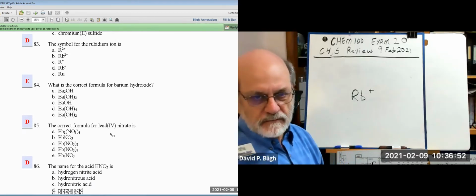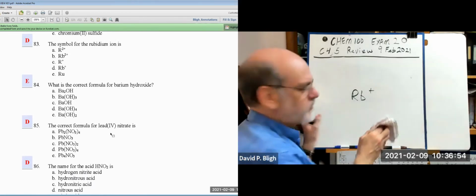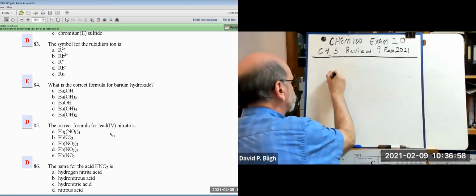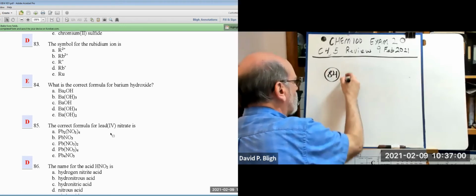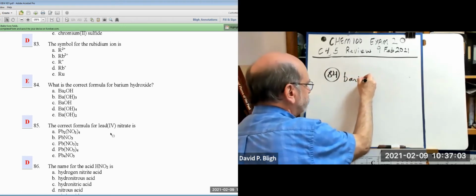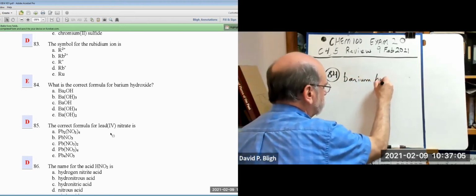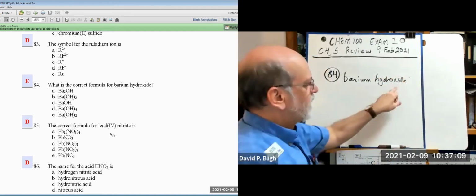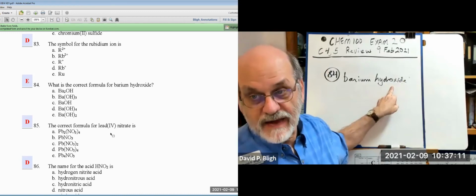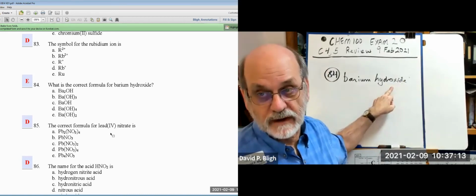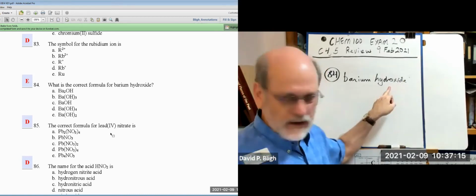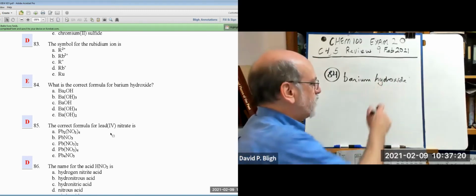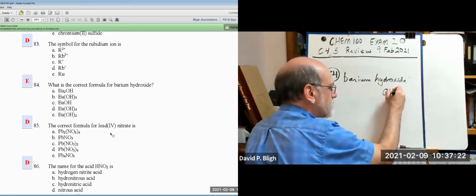84. What's the correct formula for barium hydroxide? There's no element by that name. You should know that. So it has to be a polyatomic. You look up the polyatomic, and you find out that this one is OH-.